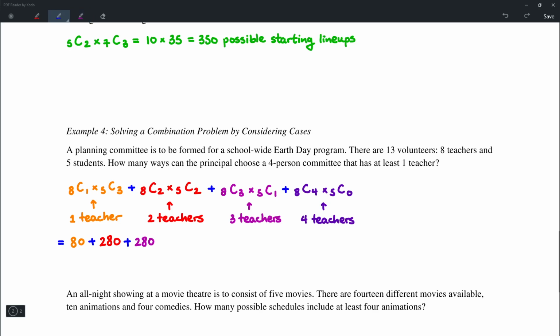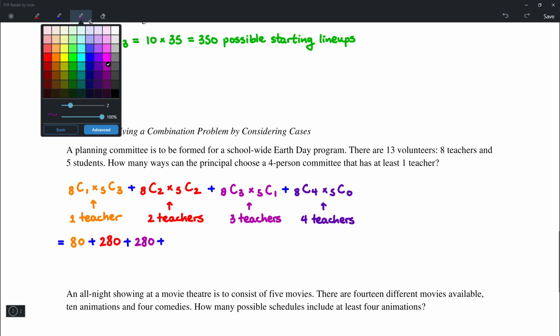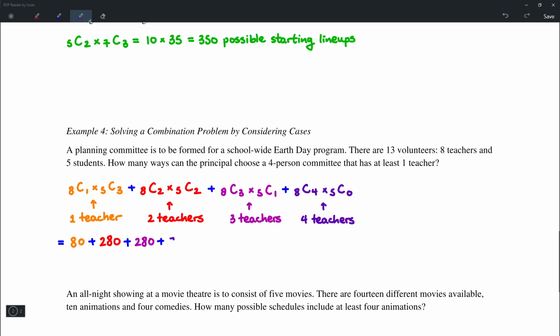And finally, 8 choose 4 and then 5 choose 0 gives us 70. Now, once we add all 4 of these numbers together, we can see that there are 710 ways to form the committee.